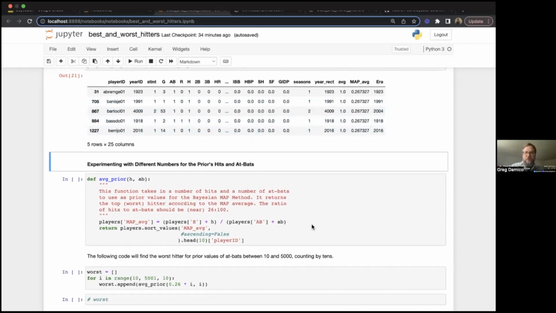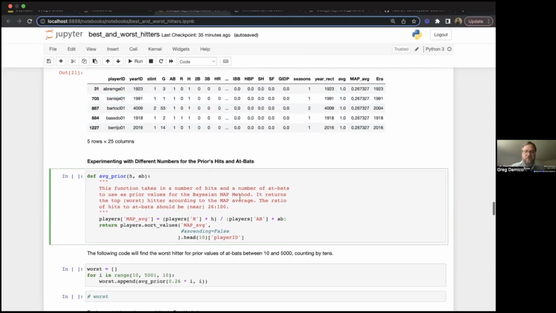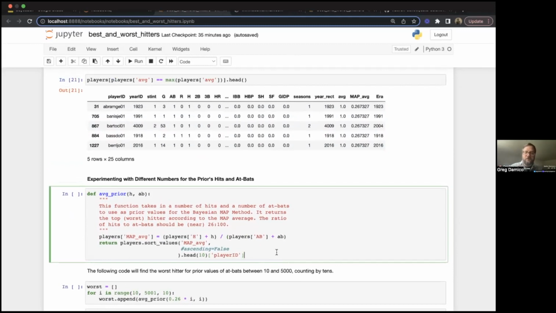Okay, so what I want to do now is think about different starting assumptions. We're still going to have a 260 batting average, but we're going to experiment with different numbers of hits and different numbers of at-bats. And so for this, I'm going to create a little function here. This is called average prior.